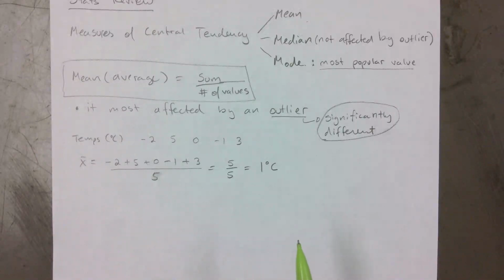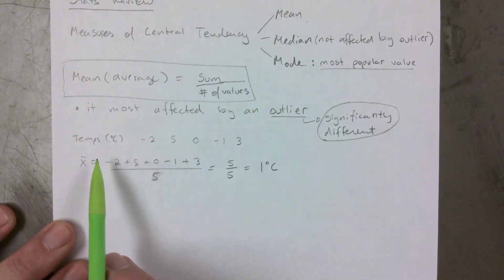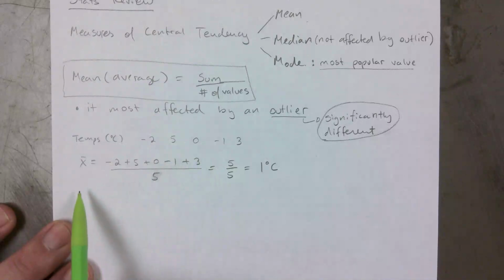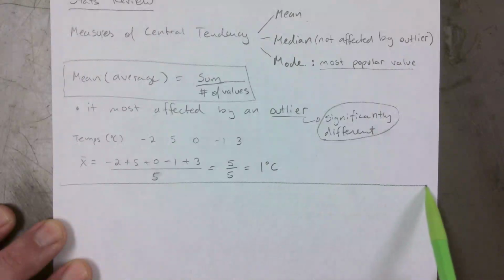Coming from a 7-day forecast, those very warm temperatures would have been considered outliers. That's not normal, especially because we're dipping right back down to very cold temperatures. So keep that in mind. All right, let's keep going here.